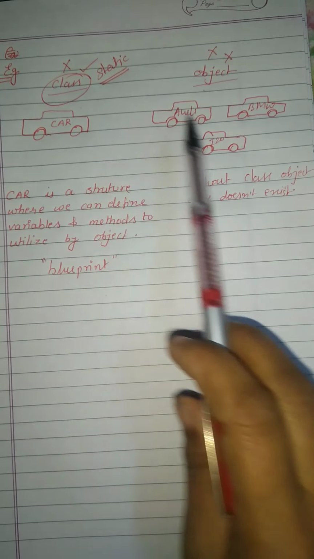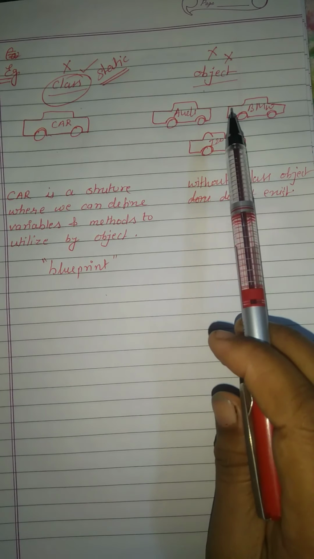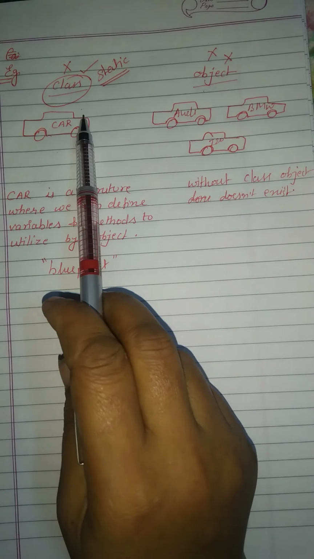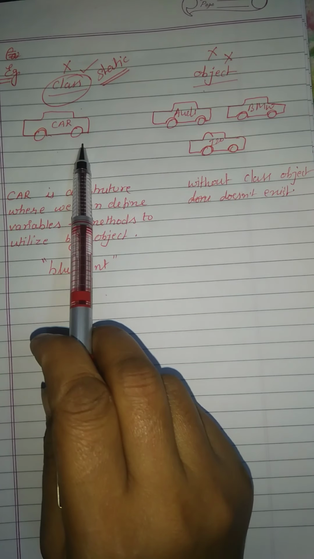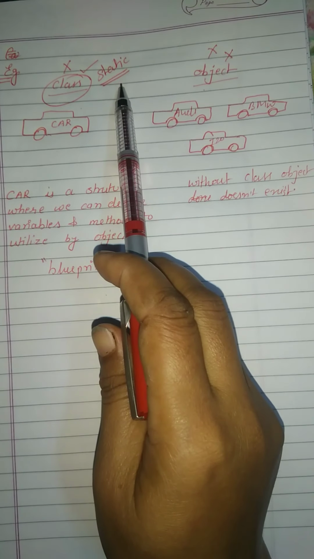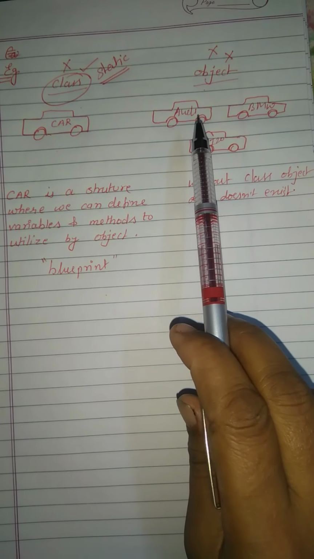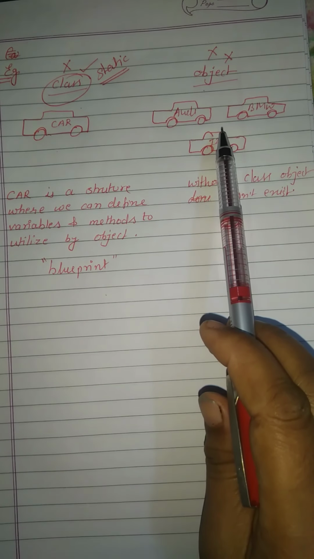If you don't have Audi, BMW, i20, you can still have the car, but it has only the static functions, meaning it does not have the latest versions or extra features.